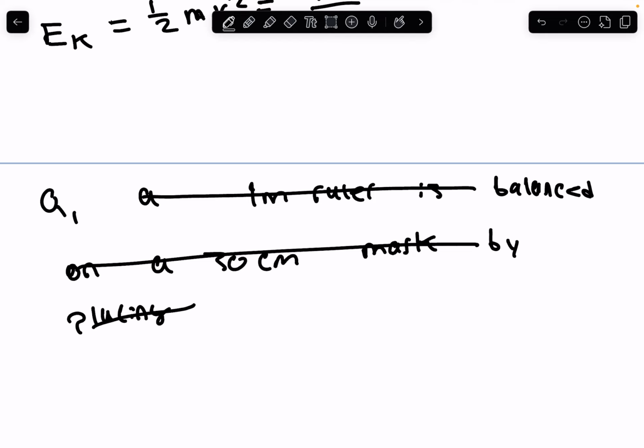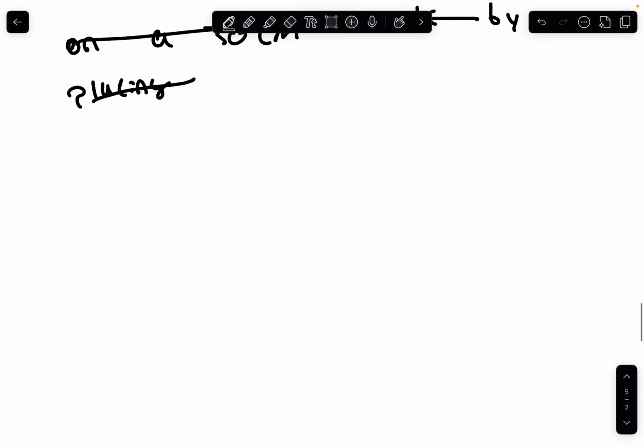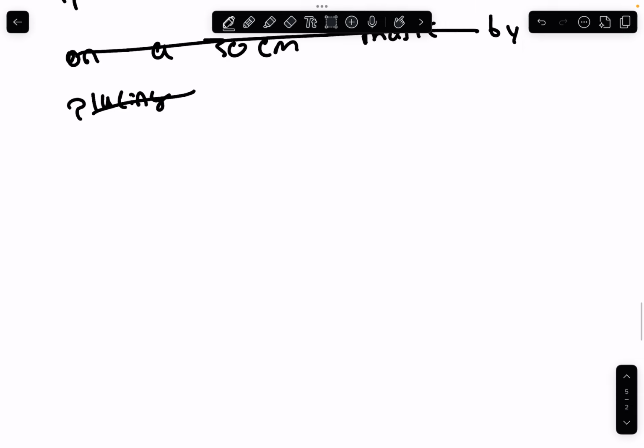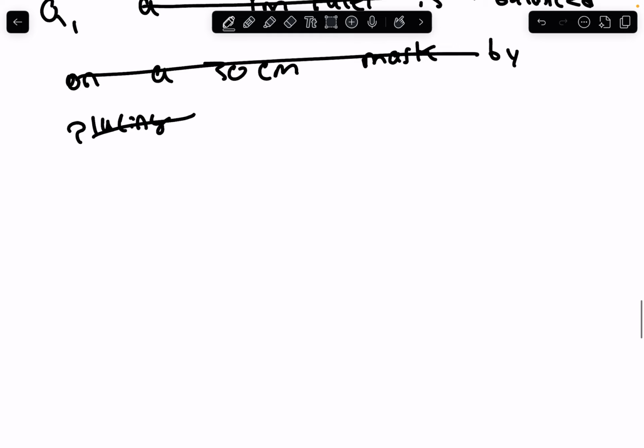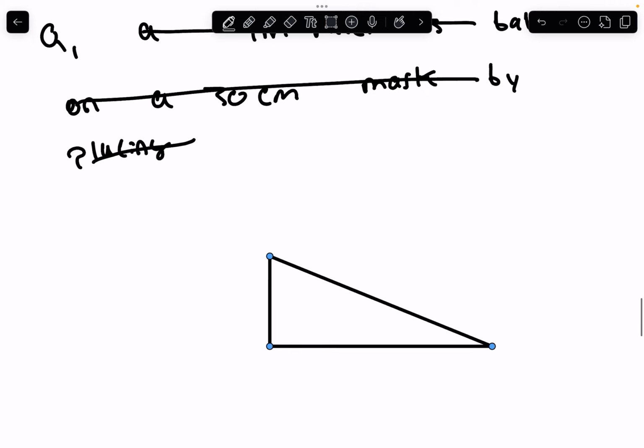Let's actually solve a past paper question. Many times in the IB syllabus, they'll also ask you to convert from rotational to mechanical. So this question, I'll use it to explain how to convert something from rotational motion to mechanical motion. The question gives us a ball.